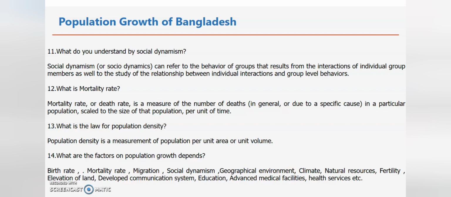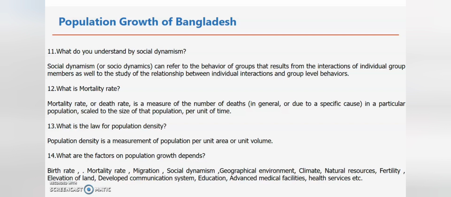What do you understand by social dynamism? Social dynamism refers to the behavior of groups that results from the interaction of individual group members, as well as the study of the relationship between individual interactions and group level behaviors.